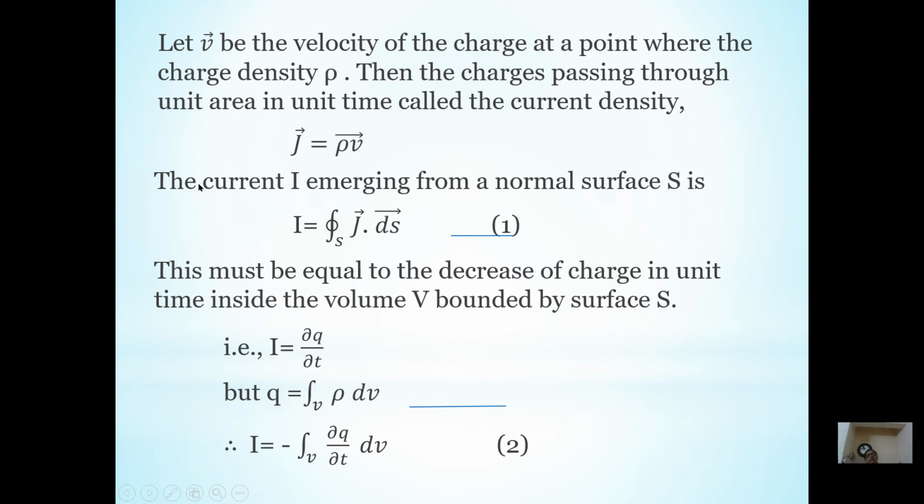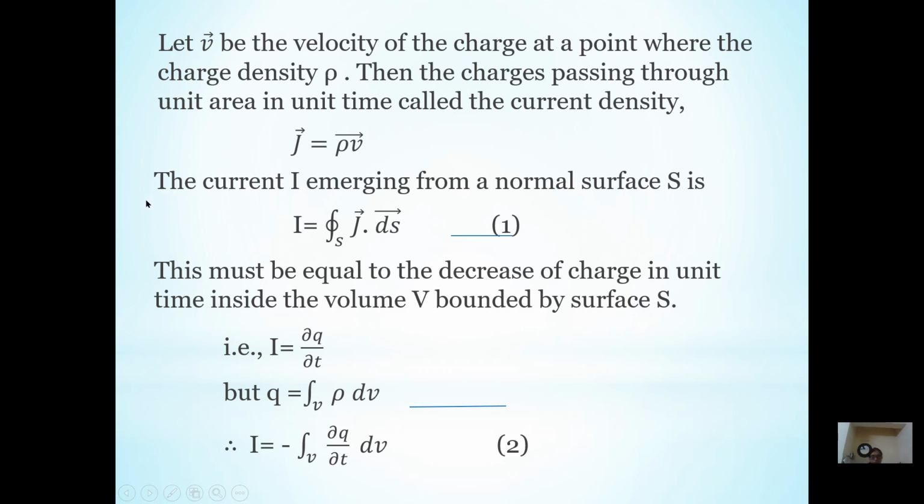Then the current I emerging from a normal surface S is given by I equal to the surface integral of J ds. You know, current is nothing but flow of charges.